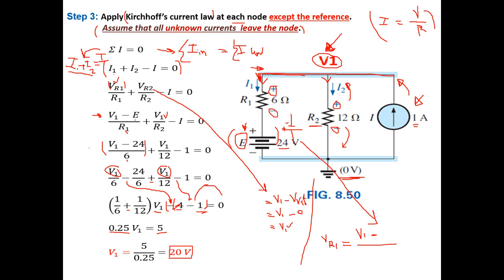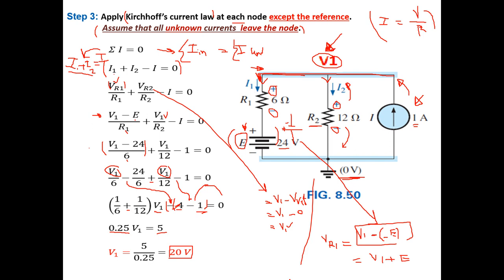Here, as you can notice, the lower point is the source. But before, the positive was connected immediately to R1. Now the negative is connected to R1. So it will be V1 minus the source, or you can write it like that, V1 plus the source voltage. I hope you understand it.